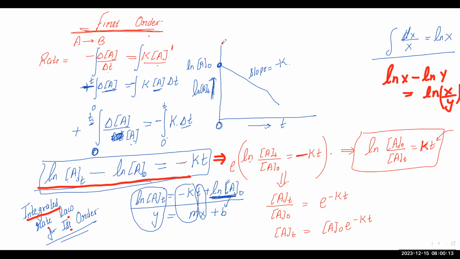From there, I made the graph. And here, the y-axis is ln, natural logarithm of concentration of A. And x-axis is time. And it's a straight line with a negative slope. Slope of the line is rate constant, negative k. That's the complete story of the integrated rate law of the first order.